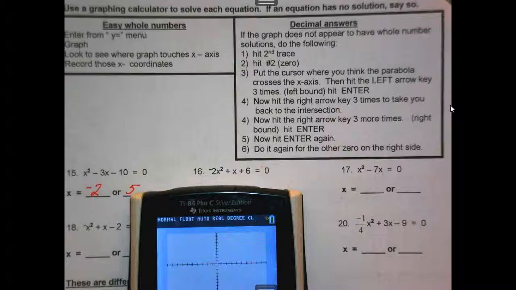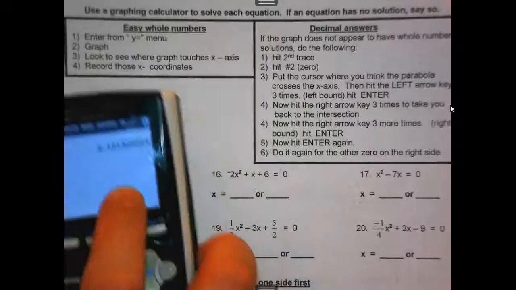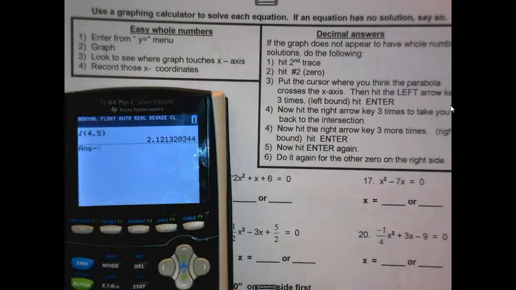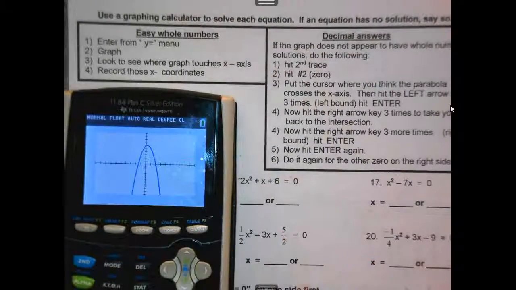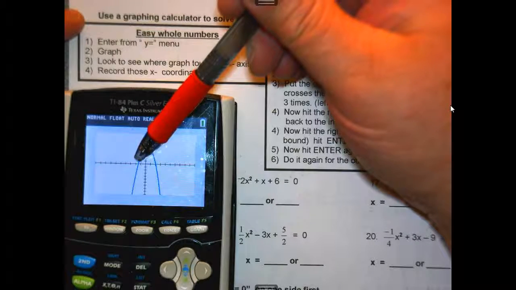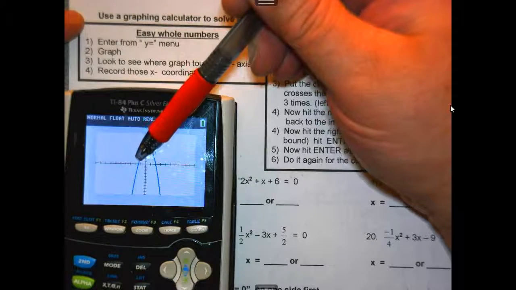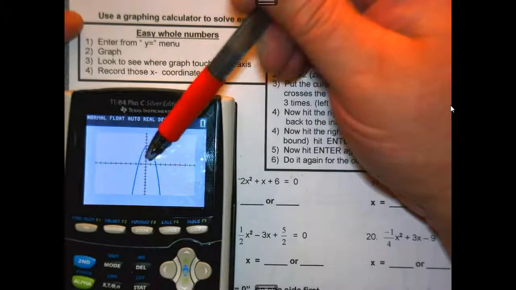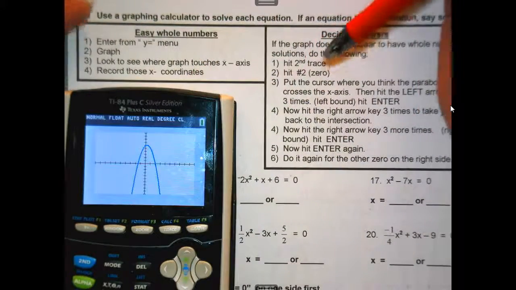Graph it. And sure enough, it looks like I have a decimal here, or a fraction, right? Because my zero solutions, roots, whatever you want to call them, is in between two whole numbers here, -1 and -2.